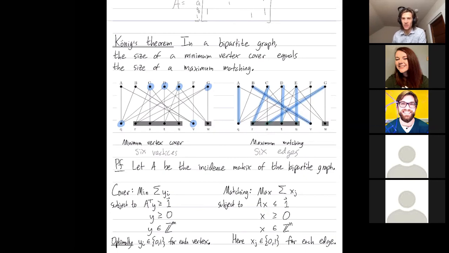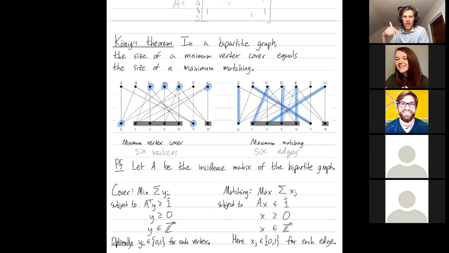It's not an easy problem to solve a priori because of this integrality constraint. We'll use the total unimodularity of A to just get rid of that, right? We can get the same optimum with an integer solution as you can with an arbitrary solution by the main theorem of total unimodularity.